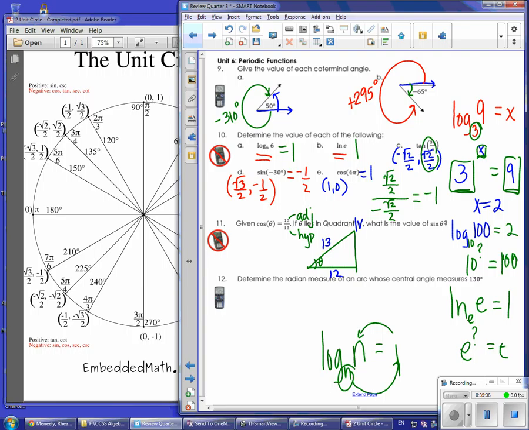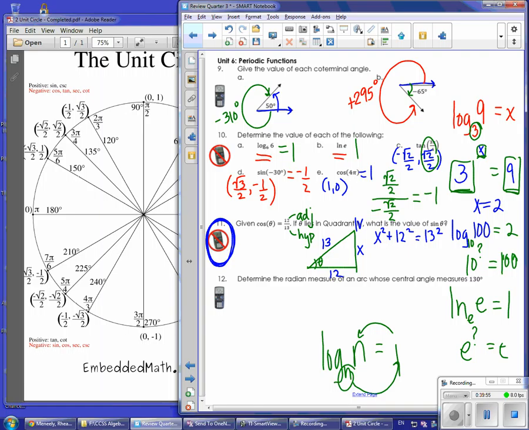Please note that this is a no calculator problem. And notice the numbers here. You have to use the Pythagorean theorem. This is my unknown. That means that x squared plus 12 squared is equal to 13 squared.